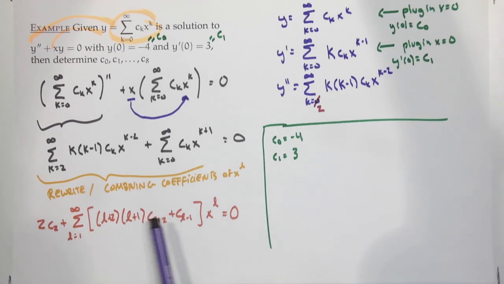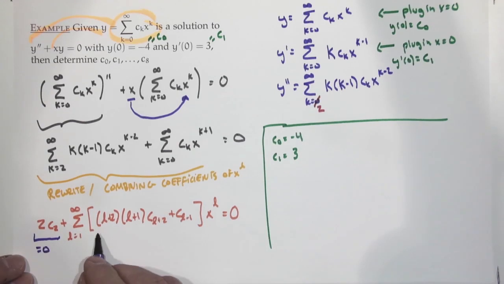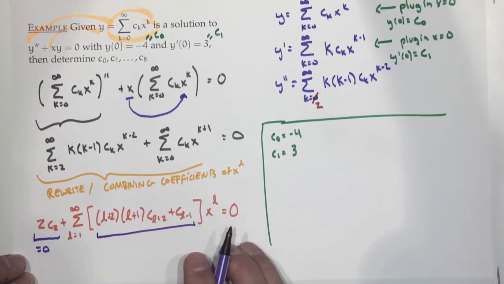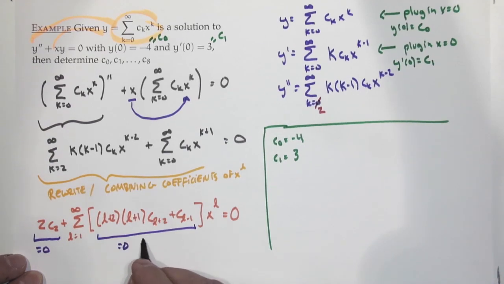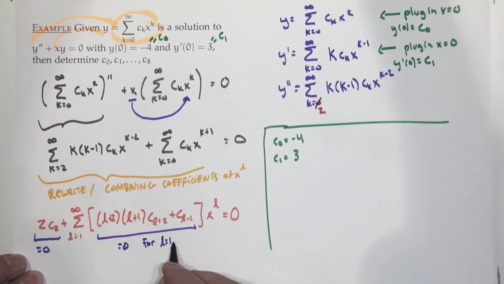If two polynomials are the same, what is true about all the coefficients? They have to be the same. So what does that tell us about this coefficient, which is our constant coefficient? Has to be 0. What does it say about this coefficient? It has to be 0. Now this is true for L starting at 1, 2, and so forth and so on.